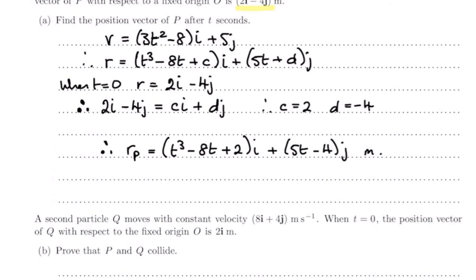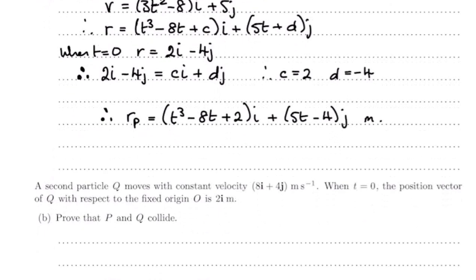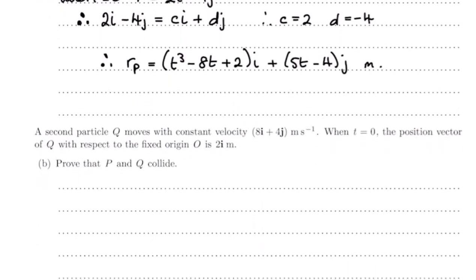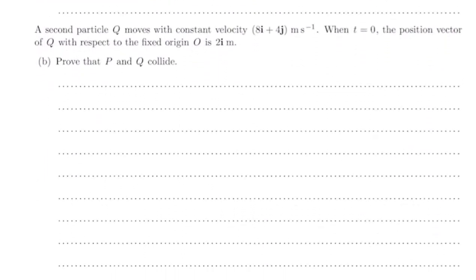Right, so the last little bit, and again examiners do like this, it says a second particle Q moves with a constant velocity. That's quite important, it's a constant velocity: 8i plus 4j. When t equals 0, the position vector of Q with respect to a fixed origin is 2i.